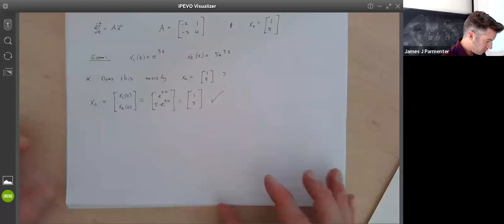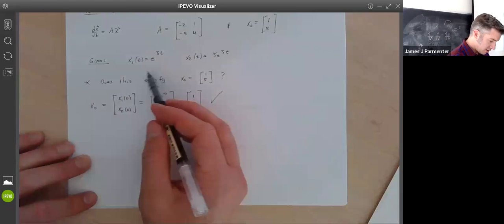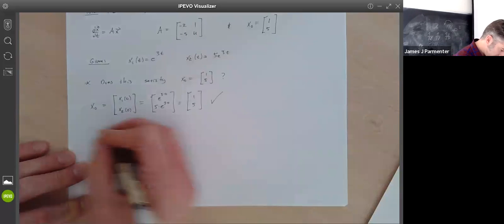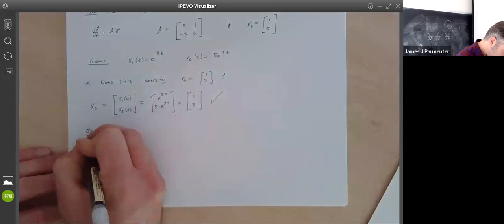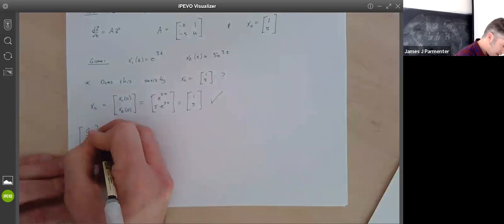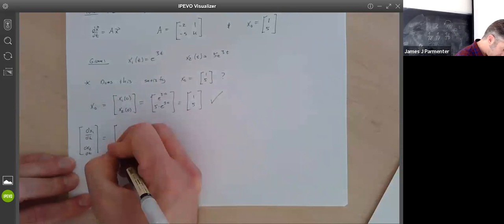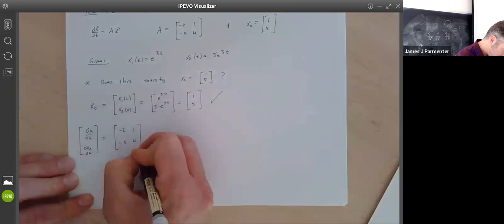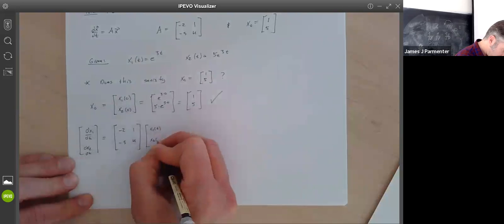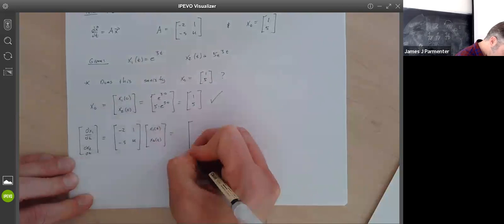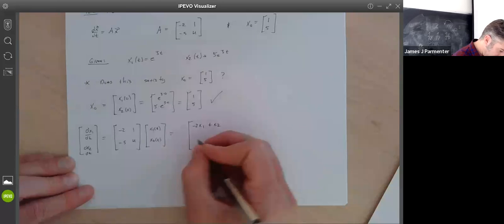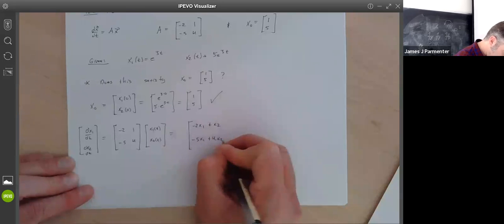So that worked out just fine. All right, so let's check. Again, we're checking really that dx1 dt, dx2 dt as a vector is equal to the matrix A times your solution x, which you could write as -2x1 plus x2 for the first component and -5x1 plus 4x2 for the second component.